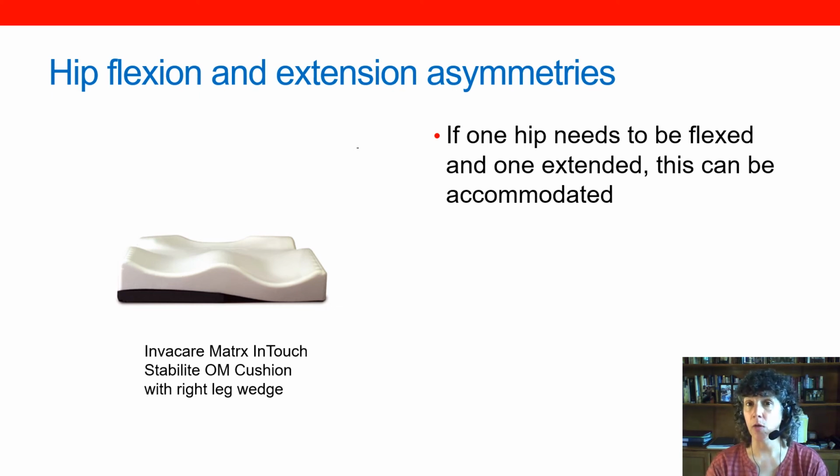And then we allow the client's leg that has less available flexion to be at a more open angle. So there are a number of cushions available out there, or this might be something that's built into a molded solution that allow for this asymmetry in hip flexion and extension.